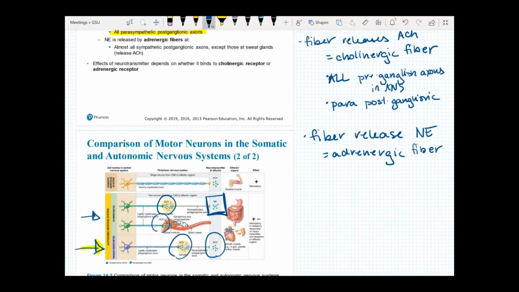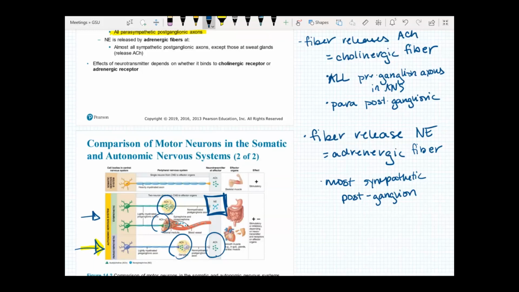It's going to be most, but not always, sympathetic postganglionic, so the second neuron in the sympathetic chain. This will release noradrenaline, or norepinephrine. So now we're going to talk about cholinergic fibers, and then adrenergic fibers.